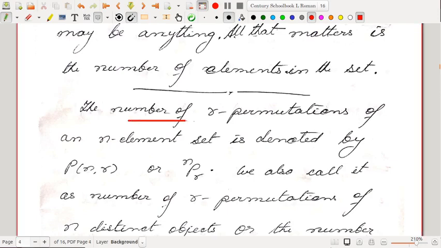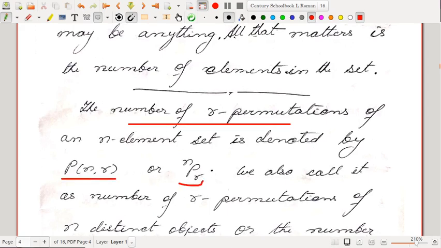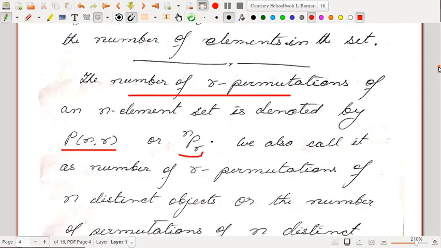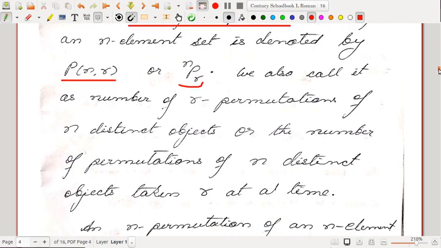The number of r-permutations of an n element set is denoted by P(n, r) or nPr. This is the more widely used notation, nPr. We also call it the number of r-permutations of n distinct objects, or the number of permutations of n distinct objects taken r at a time.